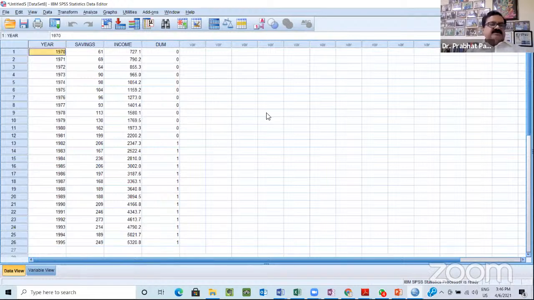You'll find this application a little interesting. This data set is about the savings data over a period of time. The data is from 1970 till 1995, so it's time series data. And then you have the data for savings in some unit, and then you have the data for income.